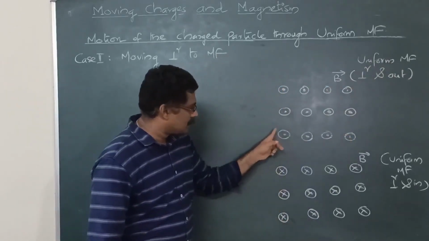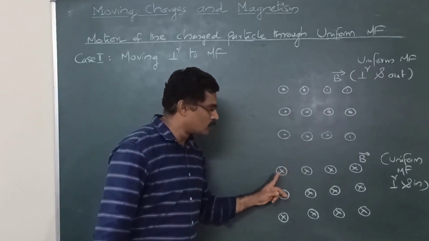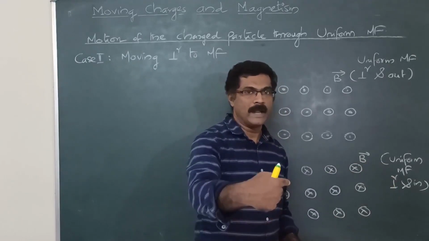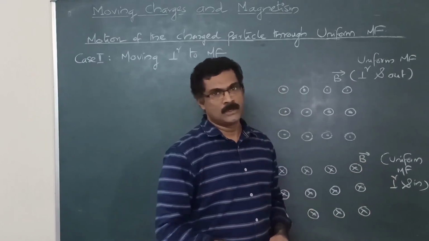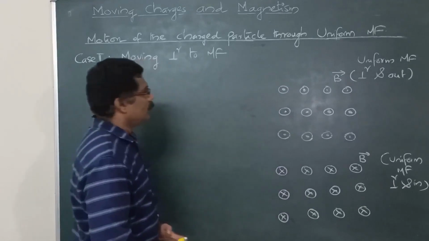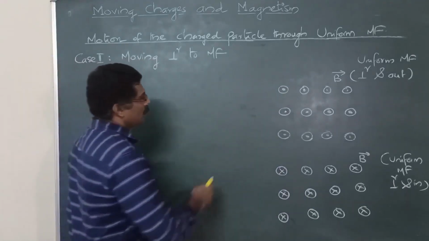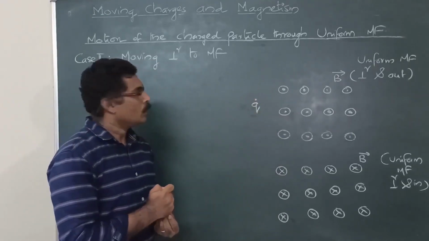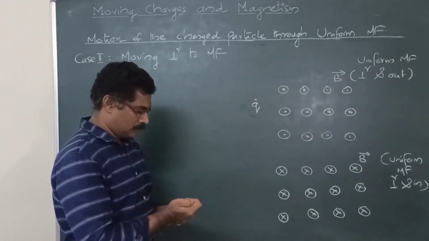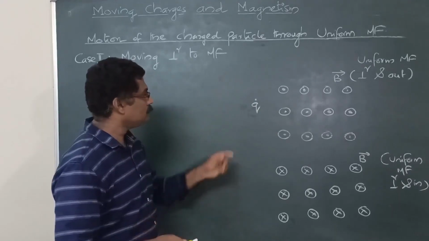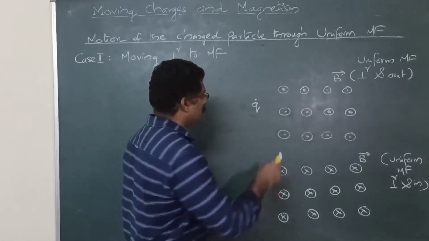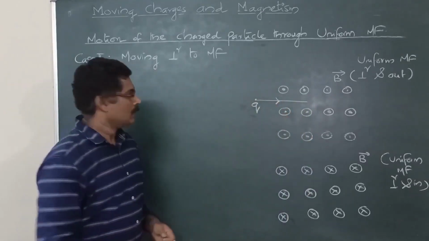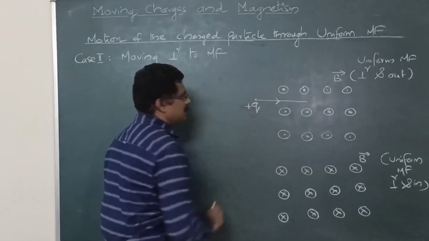And the other one is represented by cross mark, that is also a uniform magnetic field but perpendicular and inward. Now consider a charged particle Q moving through this magnetic field like this. Expect this is a positively charged particle.